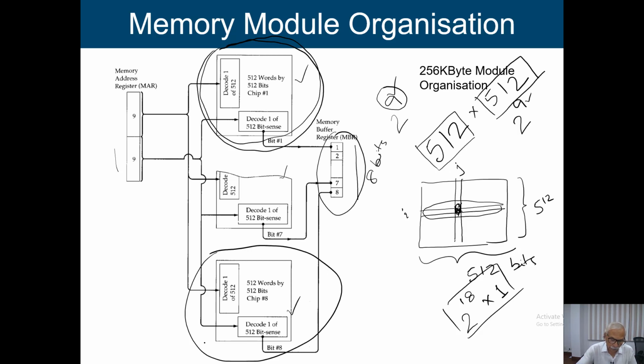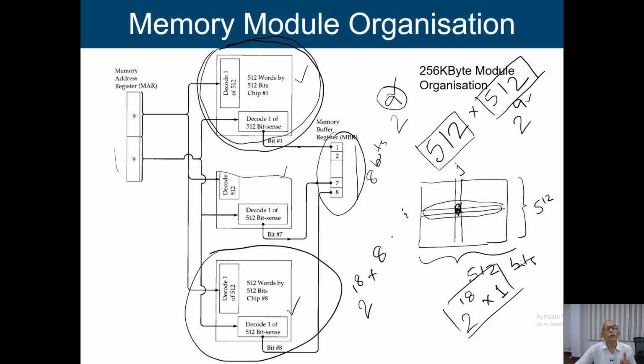But when we combine them together and look at this collection of memory chips, we will find that this is your 2 to the power 18 by 8 memory module. So the capacity here is 2 to the power 18 by 8. What does it mean?